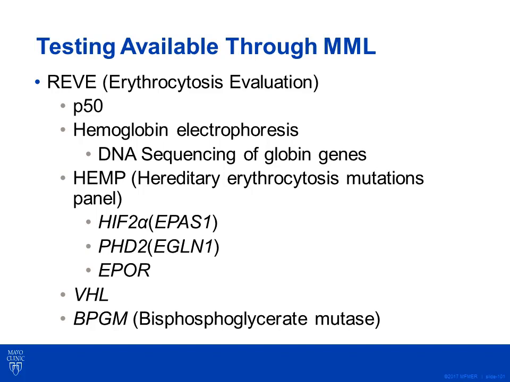As testing comes to our laboratory, we assume that the JAK2 tests are negative. We hope that we are not doing all this testing on a patient that subsequently is found to have polycythemia vera. So the first things that are done are the P50 and the hemoglobin electrophoresis.